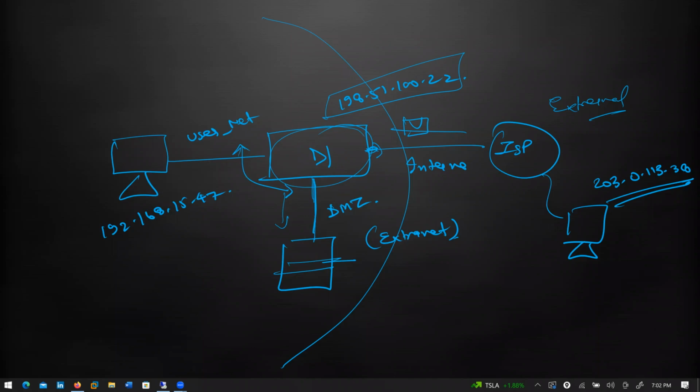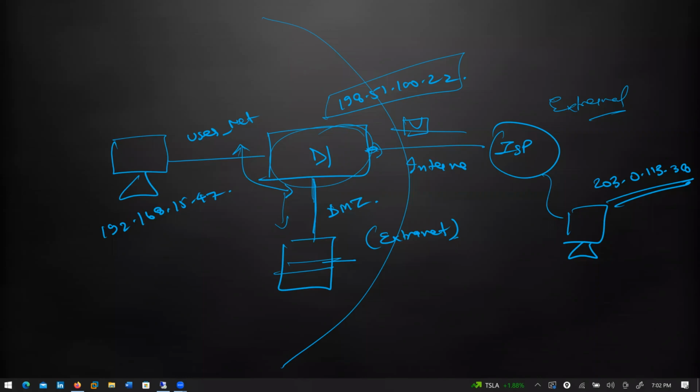Anyone else? Could you repeat again, one second? What will be the proper use case? Web server publishing is fine. But what will be the other scenario? What will be the most common scenario used in most organizations?